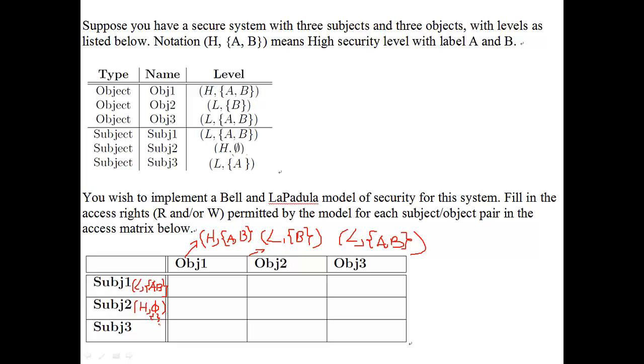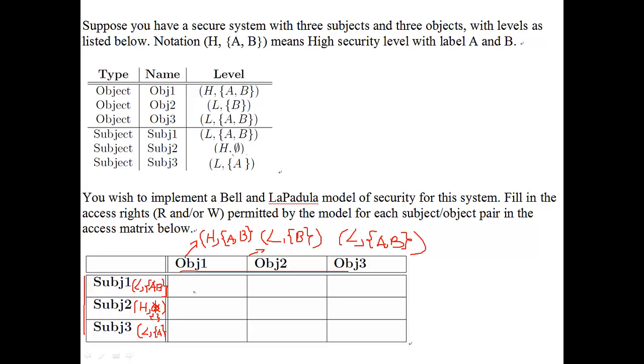You can use the pair of curly braces to replace the empty, okay? Then subject 3 is like this, okay? Now we have the levels of the objects and the levels of the subjects. Then we can compare them easily, okay?